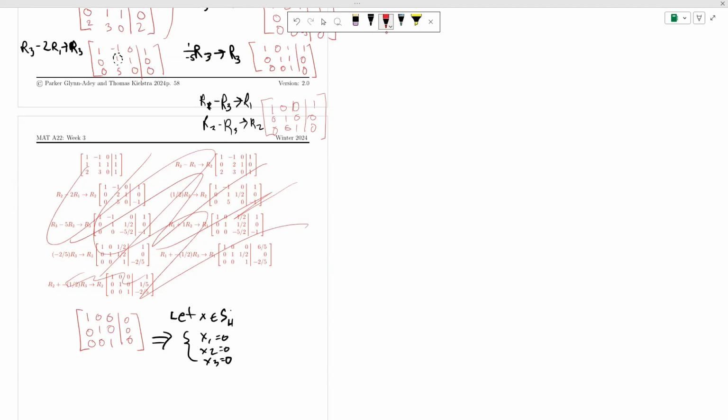What are my basic variables? My basic variables are x1, x2, and x3, using pivot entries. And my free variables are whatever aren't basic, but all of my variables are basic, so I have none.